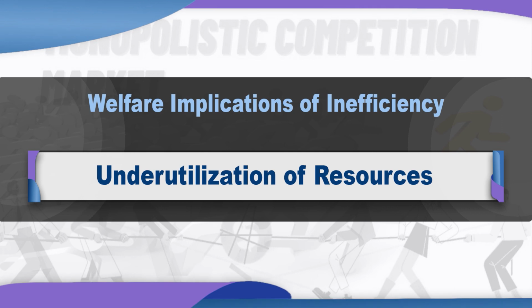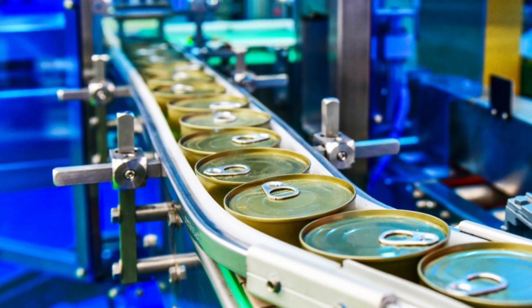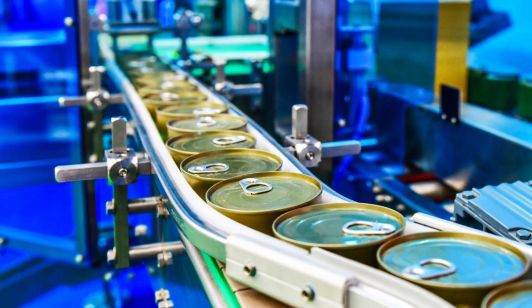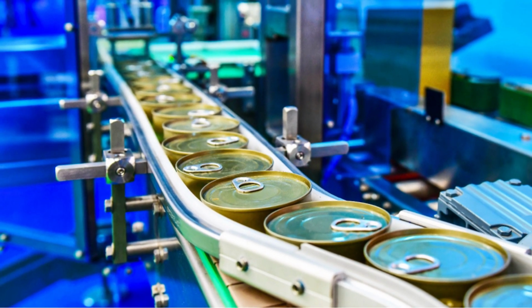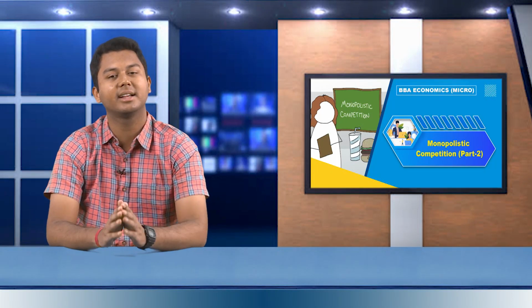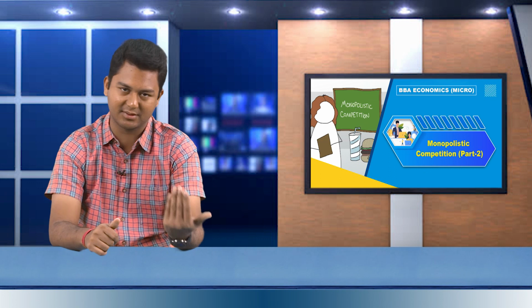Next is underutilization of resources. Excess capacity means that resources are not being fully utilized, leading to a higher cost of production and a lower level of output than would occur in a perfectly competitive market, as we have discussed in earlier sessions. This underutilization reduces overall welfare.